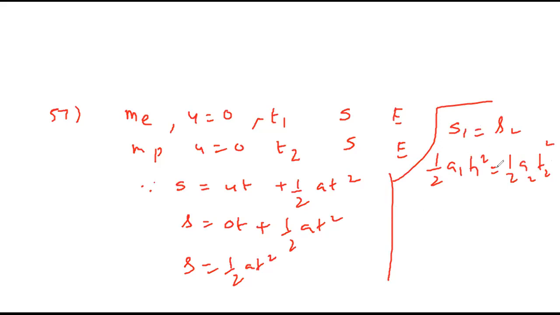Half cancels. A means force acting on the electron upon the mass of the electron, T1 square. This is force acting on the proton upon the mass of the proton, into T2 square. Any doubt? No sir.